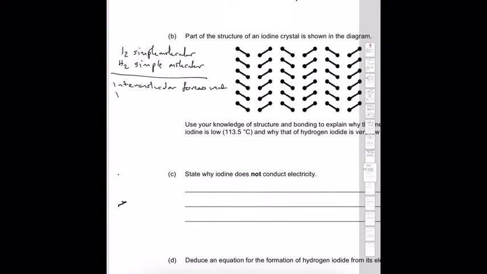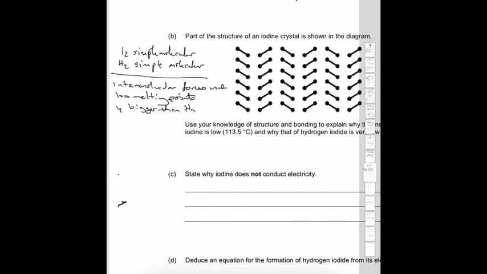They're quite weak, so for both of them are quite weak, so the melting points aren't very high. It's important to say it's not the covalent bonds that are breaking.